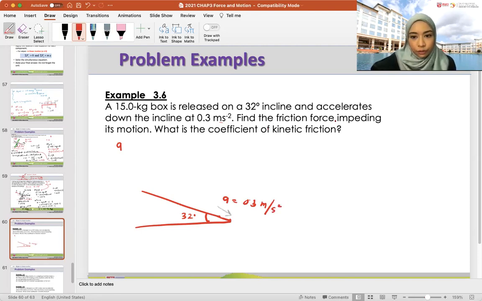Find the friction force impeding its motion. Impeding means obstructing. So the motion is to the right, therefore friction must be opposing the motion.